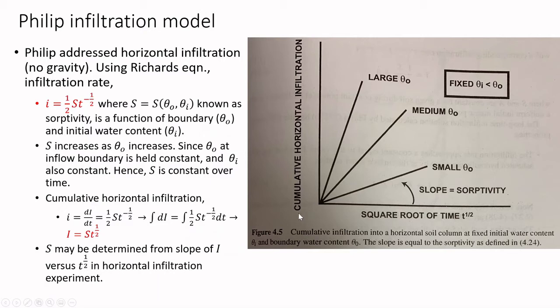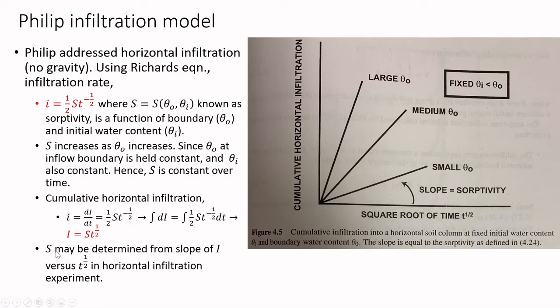You can plot the graph showing the cumulative horizontal infiltration on the y-axis, and on the x-axis the square root of time, and then you can get the slope for different lines. The line with higher slope gives a larger theta naught.